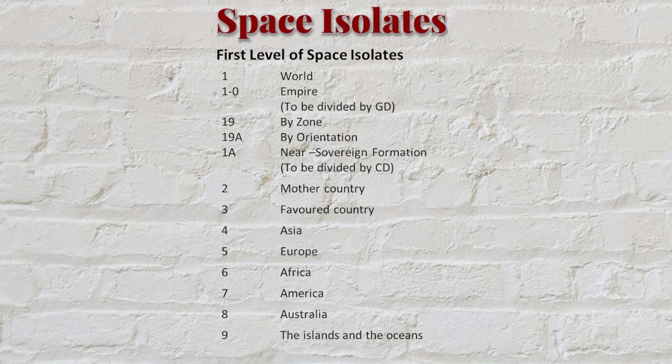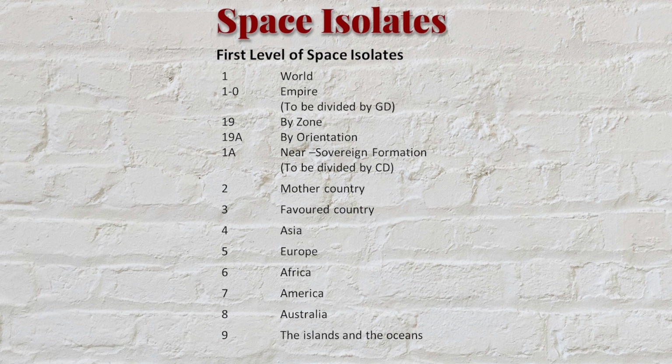Then the notation 2 denotes mother country, 3 denotes favored country, and from 4 to 8 countries in different continents are denoted, such as by 4 we denote Asia in colon classification, by 5 is denoted Europe, then Africa is denoted by 6, America is denoted by 7, and 8 denotes Australia.